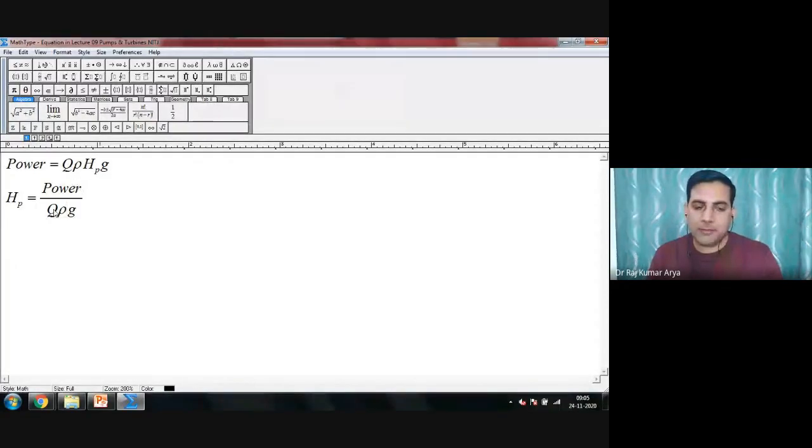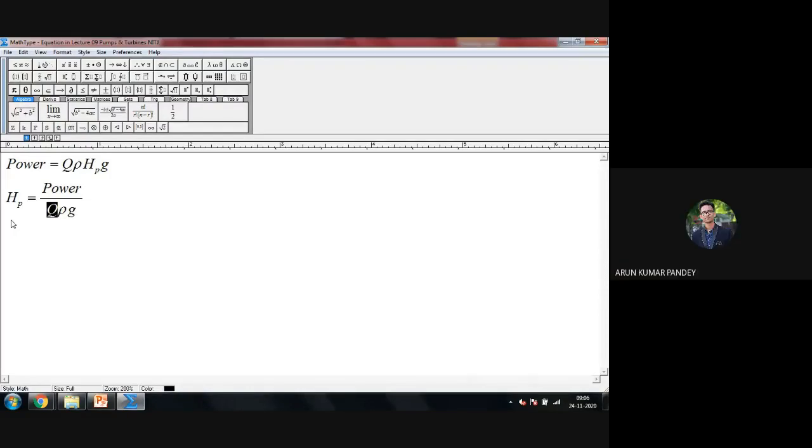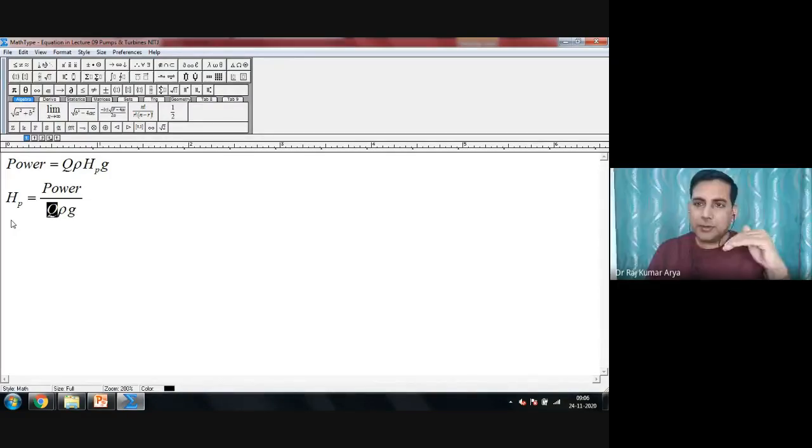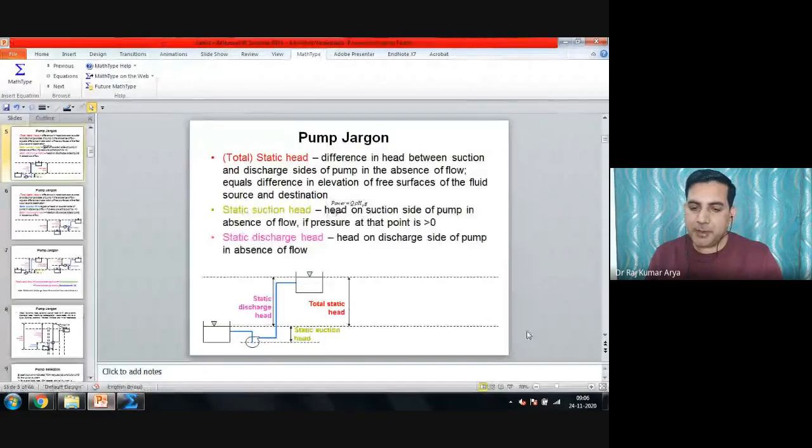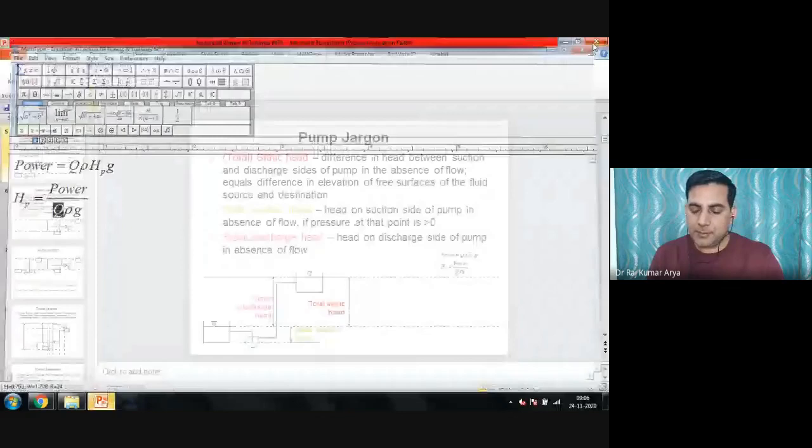Now what you have here is the flow rate. By chance, if your flow rate is too high, then H pump would become low. So you cannot say that you can fit any pump in any particular size of pipeline.